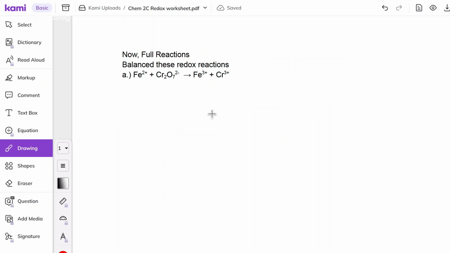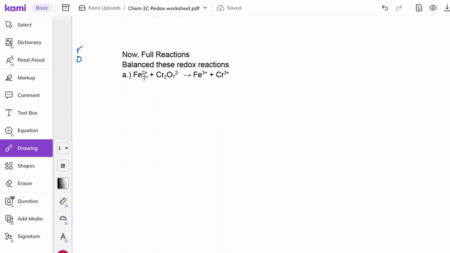For half reactions, we don't split them; for full reactions, we split them into two. So remember how there's reduction and oxidation? We don't necessarily even have to figure out which is reduction or oxidation, but for the purpose of doing it right, I will.